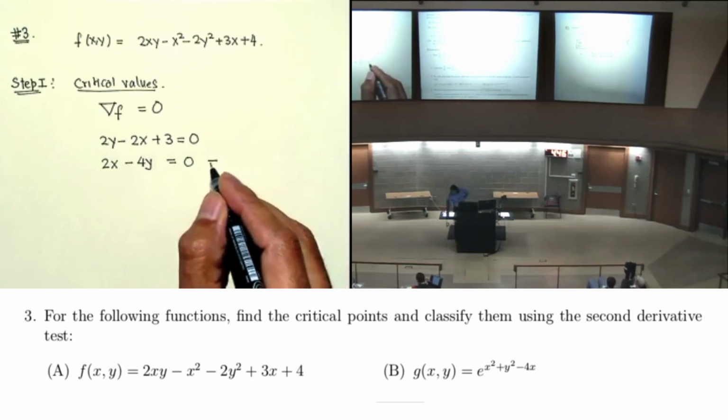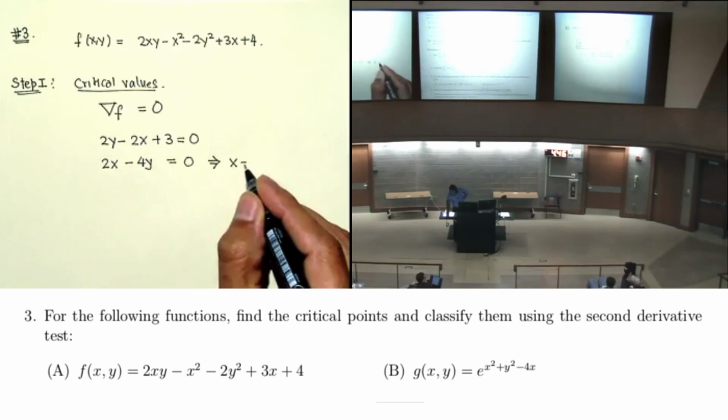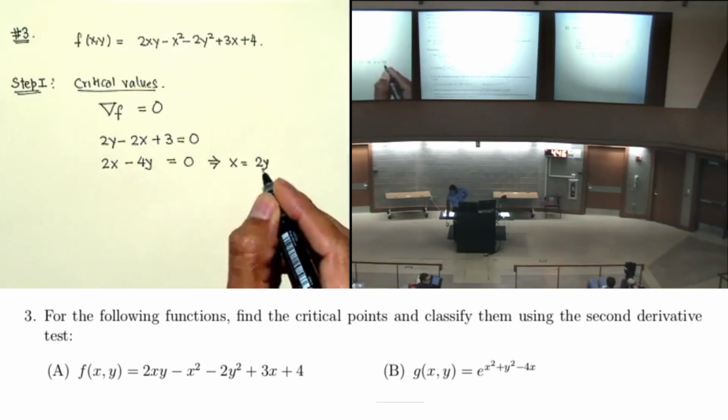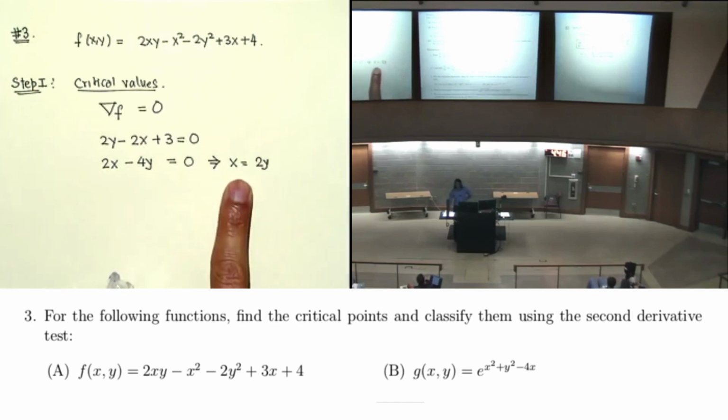The method I use is the method of back substitution. I'm going to find x from here and plug it back into the first one. So what is my x? If I move 4y to the other side and divide by 2, my x is going to be 2y.